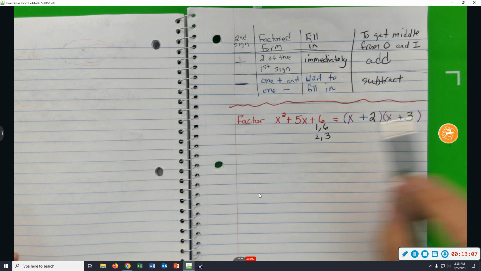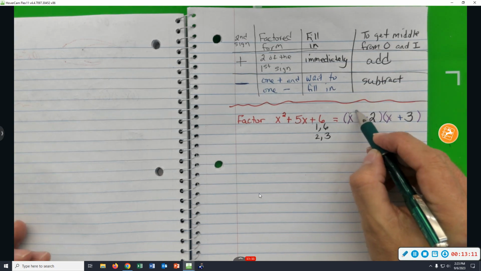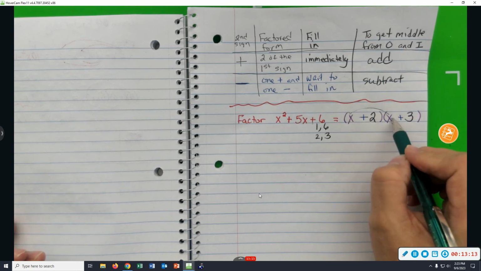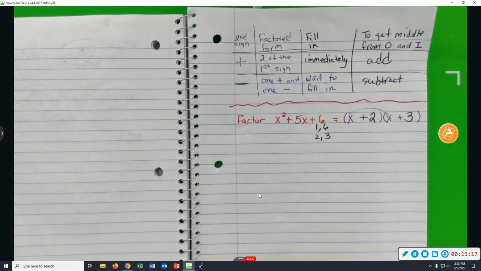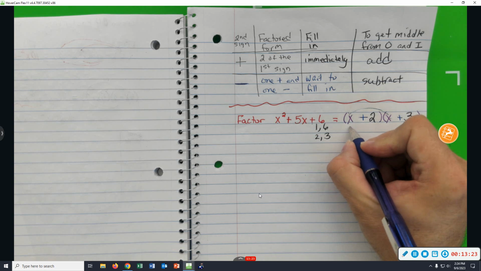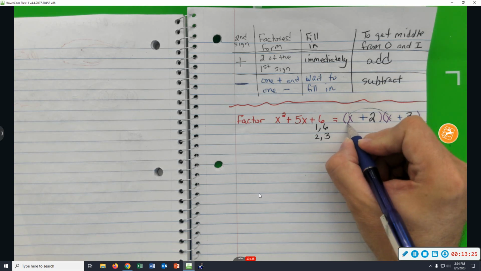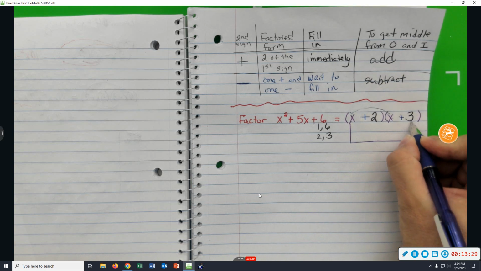So let's FOIL this out in our head and make sure this is right. If I do the first, x times x, is that giving me x squared? Yeah. Now, do the outer and inner combine together to give me 5x? Let's see. Look at the marks I'm going to make for outer and inner. This is just my way of saying, okay, that's outer.